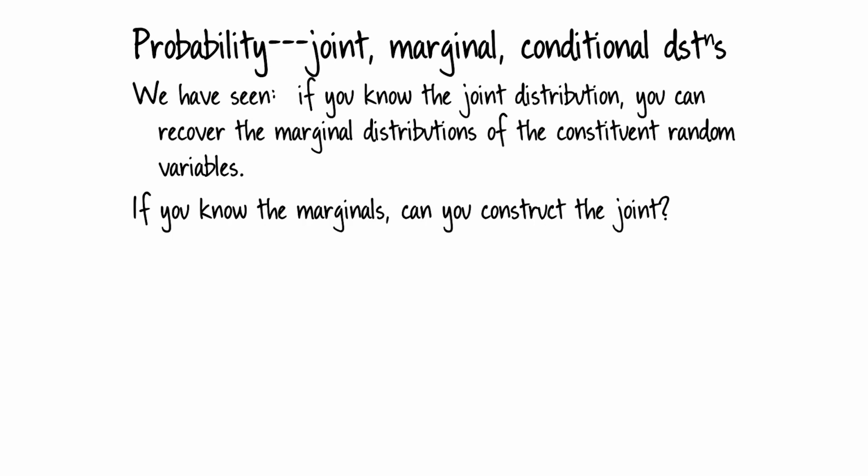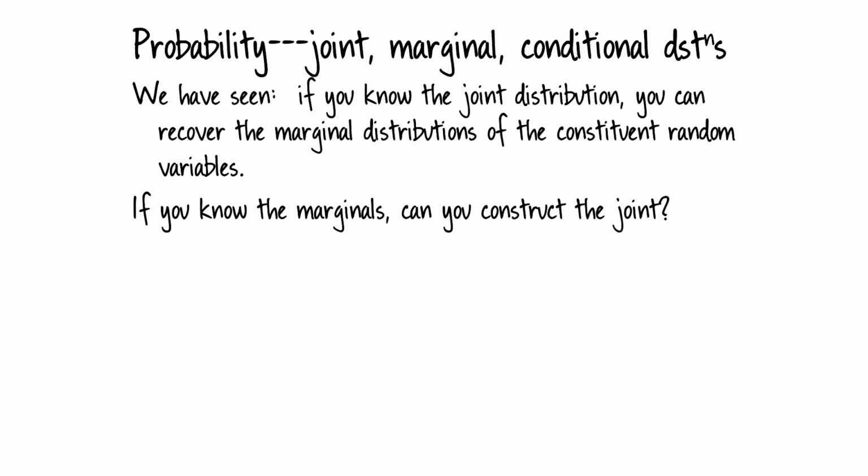We've seen a couple of examples now where we take a joint distribution and extract the information on the marginal or individual distributions of the random variables that are part of that joint distribution. We know that, in general, we can do that.